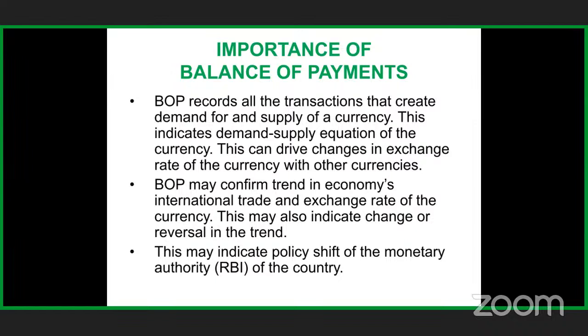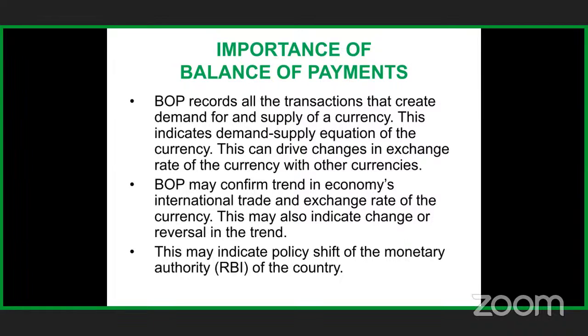The money coming in and the money going out should be balanced. But that does not happen in most cases. A country's balance of payments statement correctly indicates whether the country has a surplus or a deficit of funds.